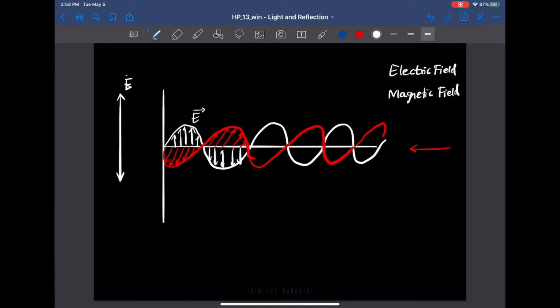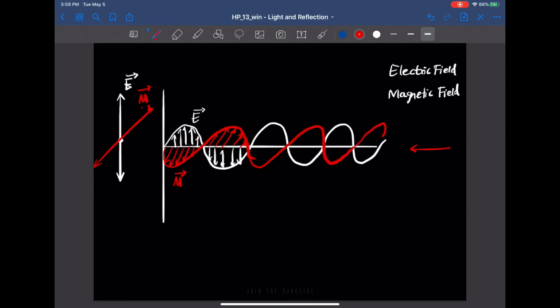So the electric field is operating in this direction with the mean position right here, while the magnetic field is perpendicular to this, where it's oscillating front and back. So this here is the magnetic field.